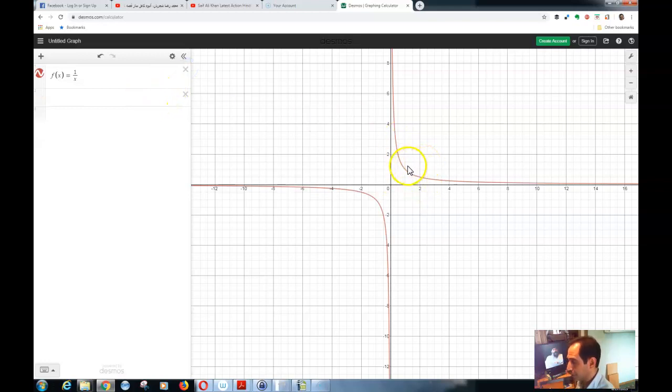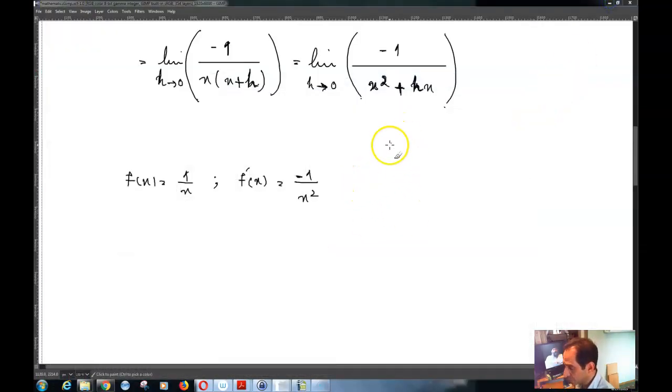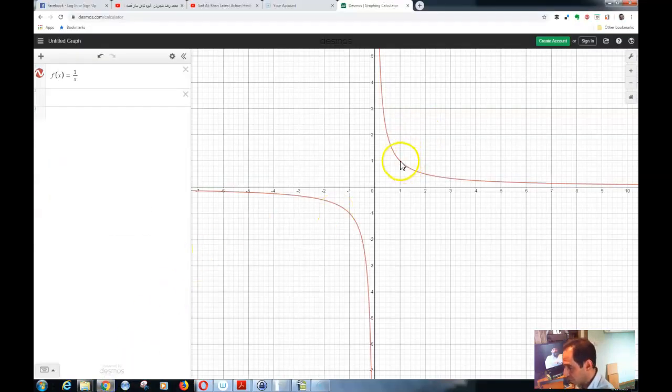Now at x is equal to 1, for example, you can see that the output of the function is 1. At x is equal to negative 1, the output of the function is negative 1. Now at these 2 points, the derivative of the function is going to be a straight line tangent to the function at this point, and it seems to be a line having the slope negative 1 passing through this point 1, 1.